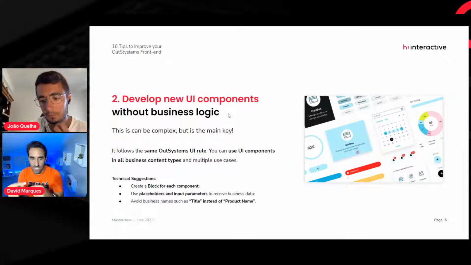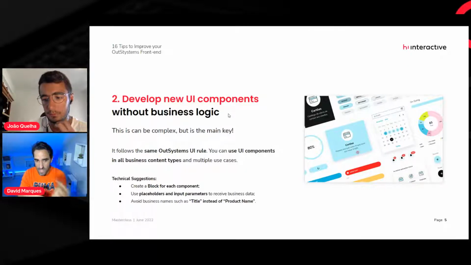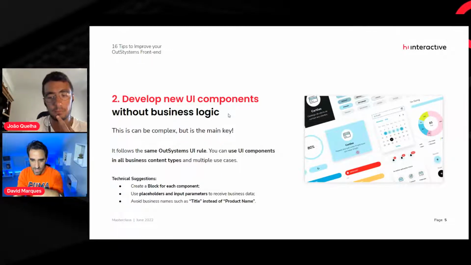And when you are creating input parameters or placeholders, try to be generic. For example, as you can see, we have a placeholder to set the product name or the username or the title block.